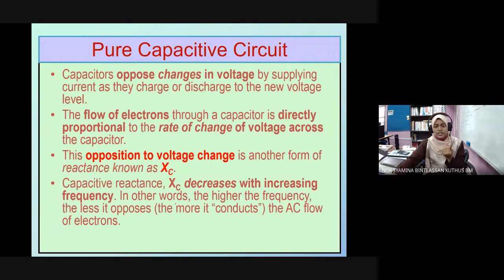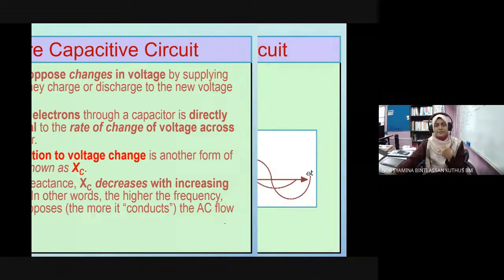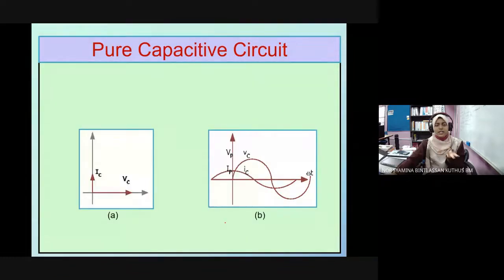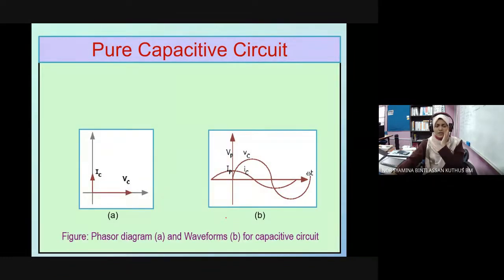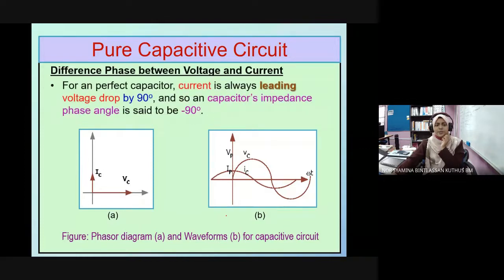So in other words, the higher the frequency, the less it opposes, the more it conducts the AC flow of current. Dia purely opposite dengan inductor tadi. Alright, so for any perfect capacitor, current is always leading voltage drop by 90 degrees. So any capacitor's impedance phase angle is said to be negative imaginary part ni lah.